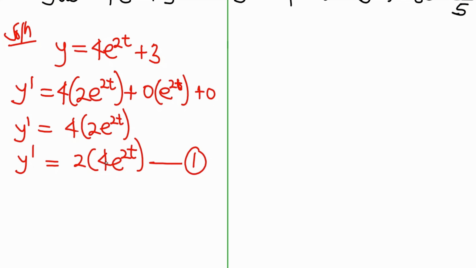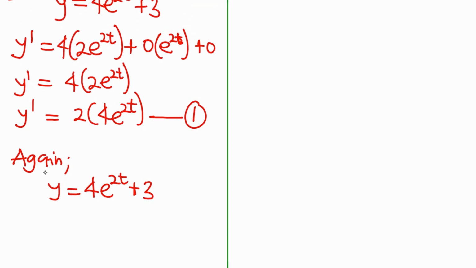Good. So again from the same solution, that is y is equal to 4e^(2t) plus 3, we consider making 4e^(2t) the subject, so that we can easily substitute in equation 1, and with that we get the differential equation we are looking for.